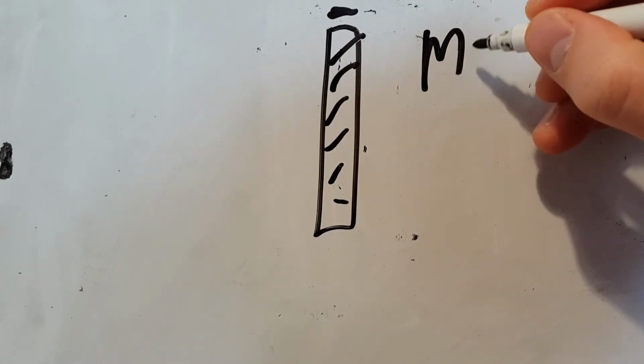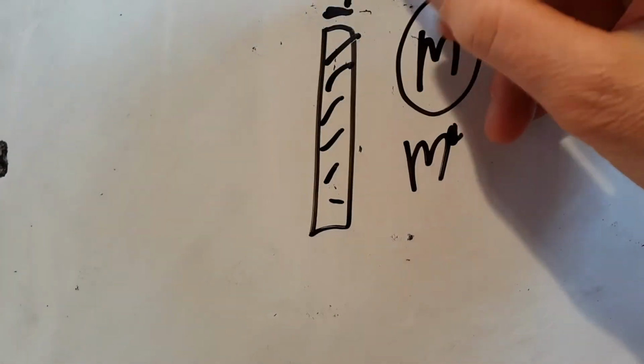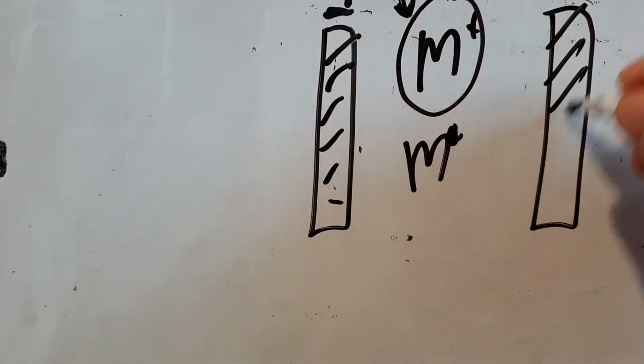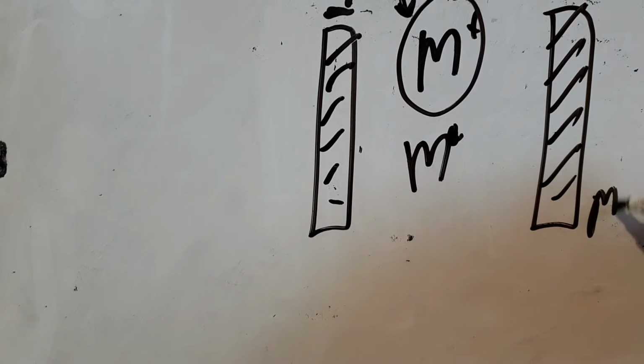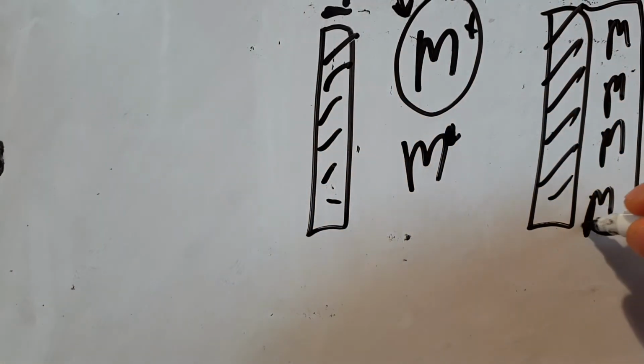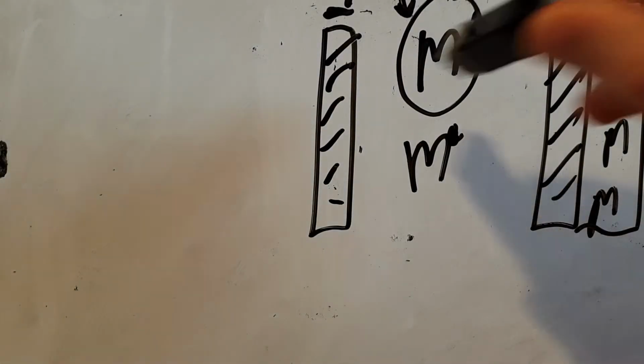The metal ions come along, they receive an electron, and now you start getting a new coating of metal on the electrode. So that's electroplating.